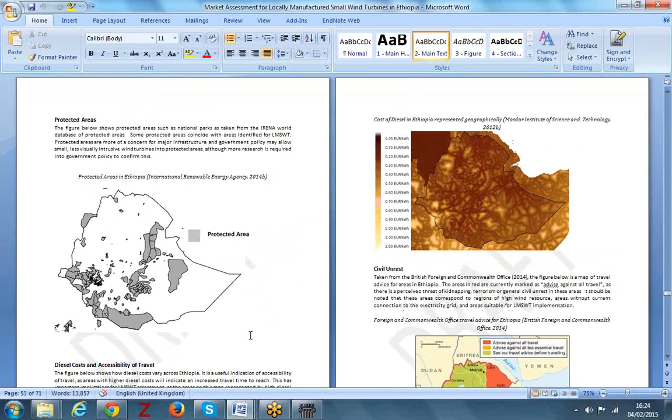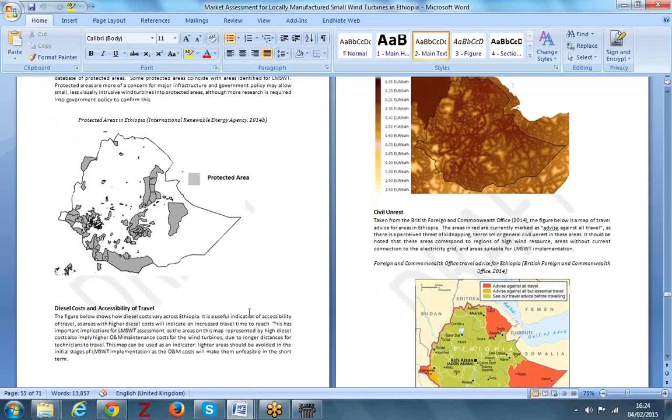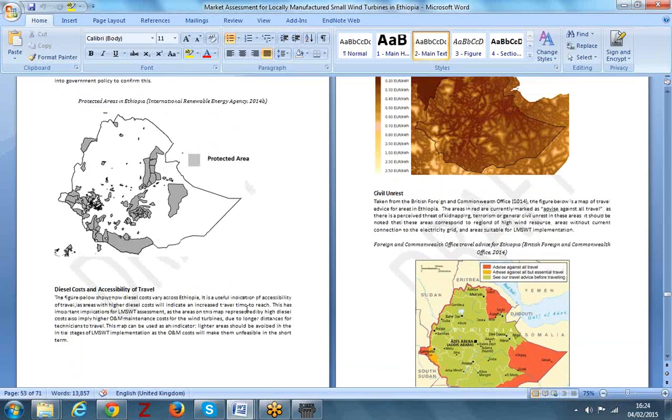There wasn't any actual specific GIS analysis. It was more a general overlay of the country. These are things to consider.